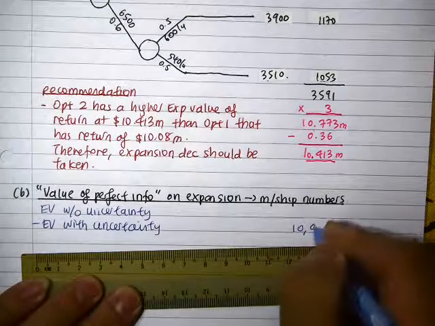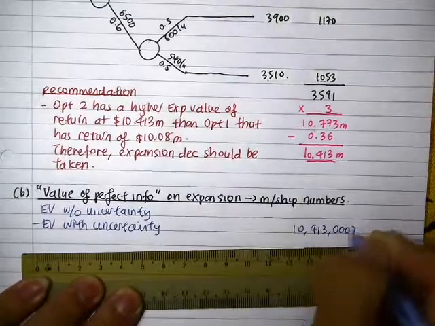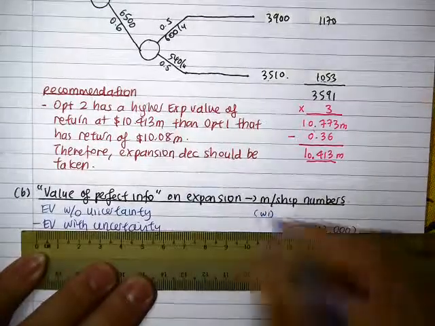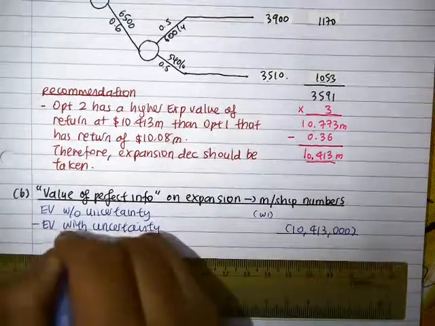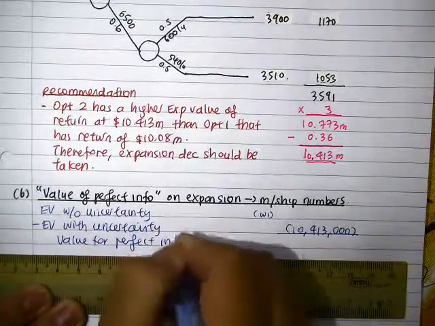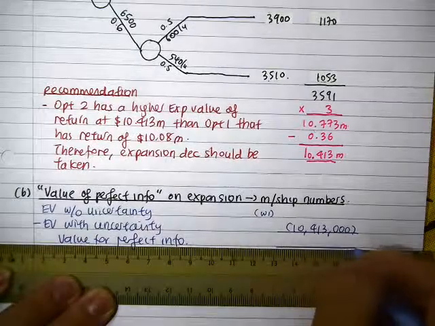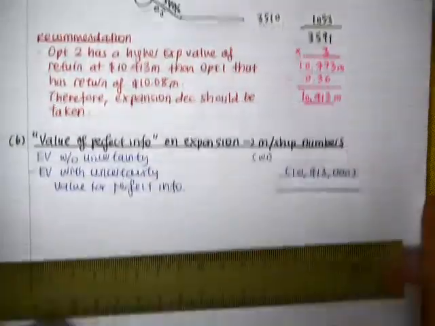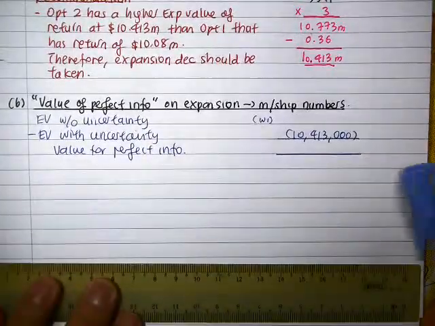So that's 10.413, and you're going to find what this is. Then you get value for perfect information. Okay, try this for me.